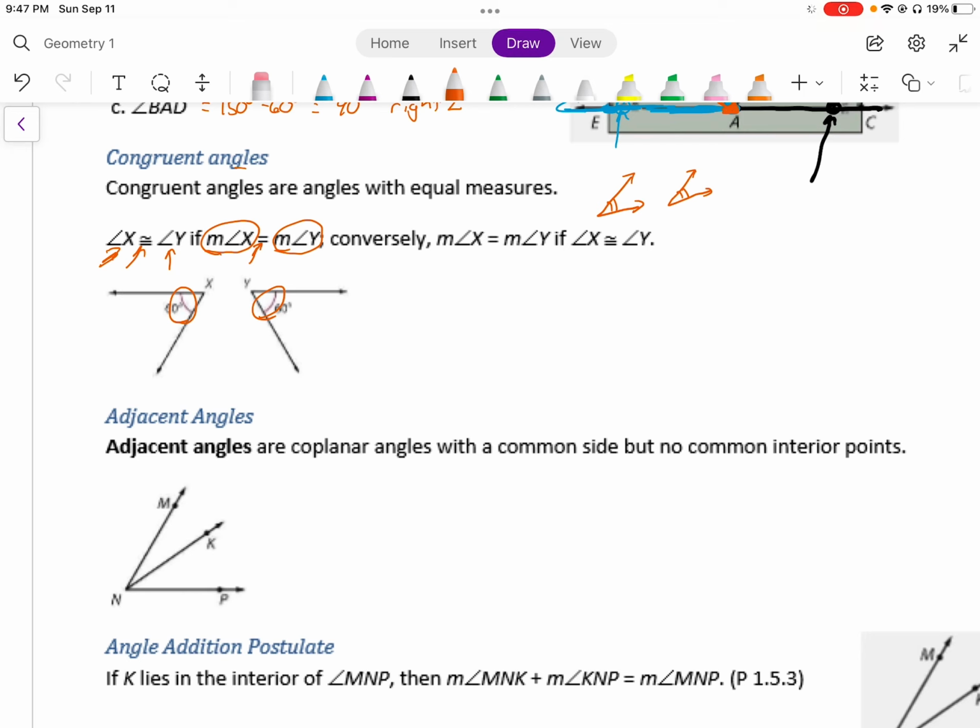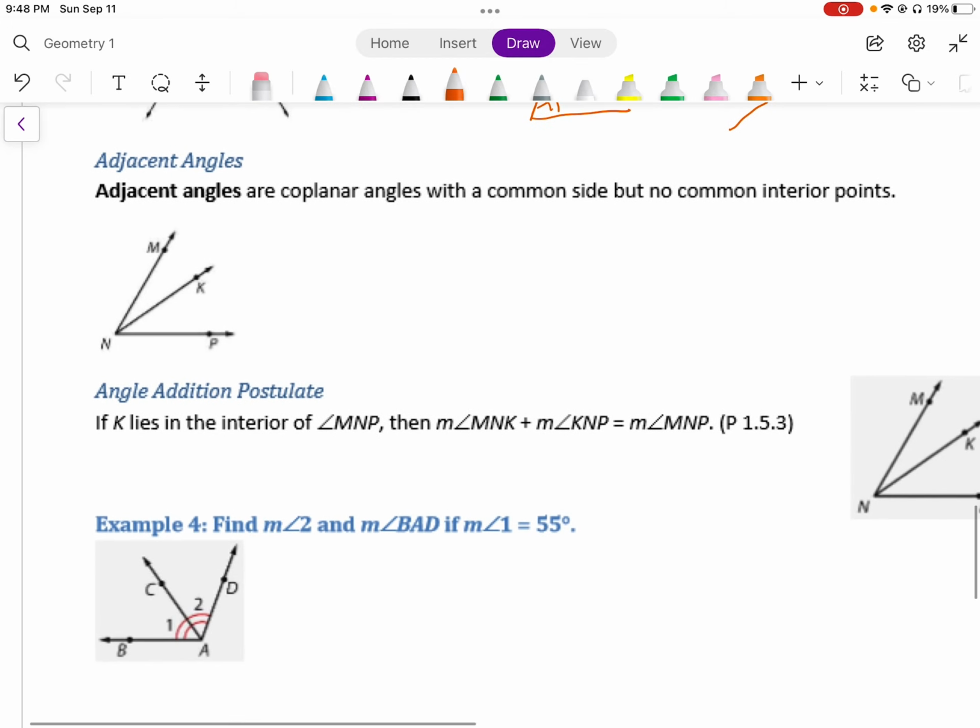It also does tell the measure there, but that's how you tell if things are congruent. Sometimes you'll even see two arcs, with one in between, as long as they're marked the same. So congruent angles are angles that have equal measurements.